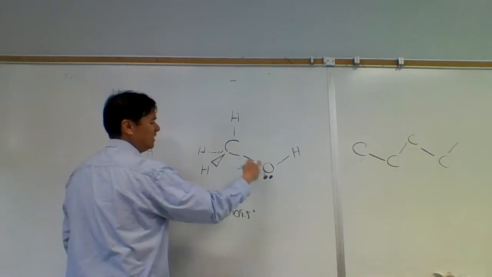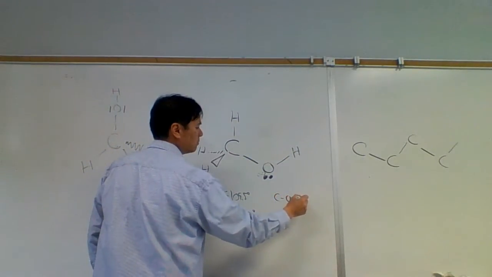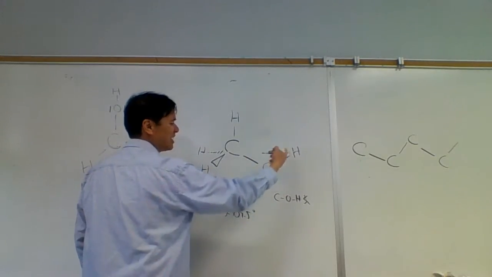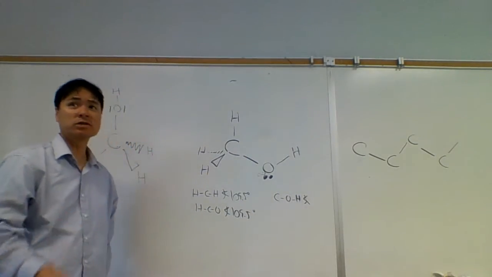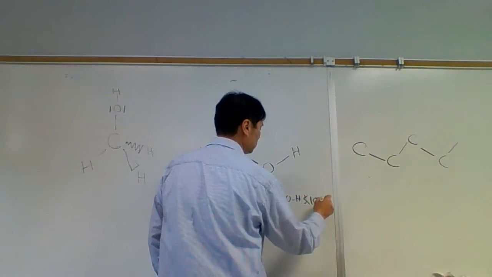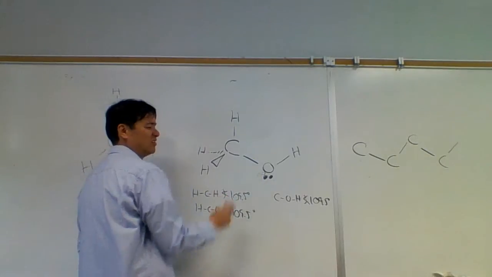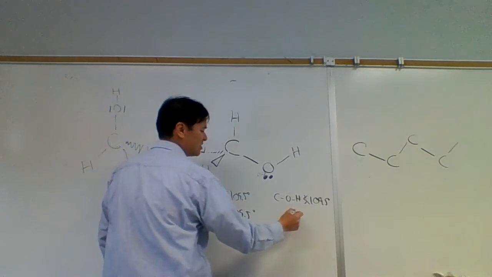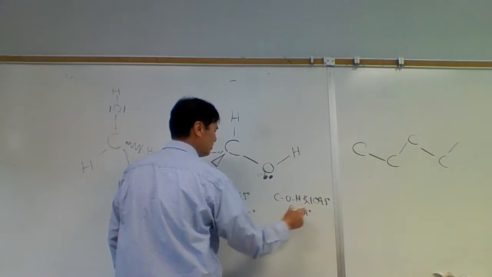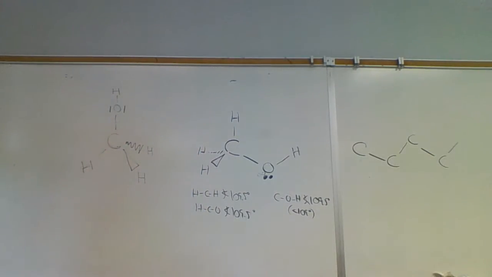And the COH angle should be, without distortions, 109.5. But this one's going to be distorted because the lone pair is sitting on the out. So it should be slightly less. So we could say less than 109. It's a guesstimate anyway.